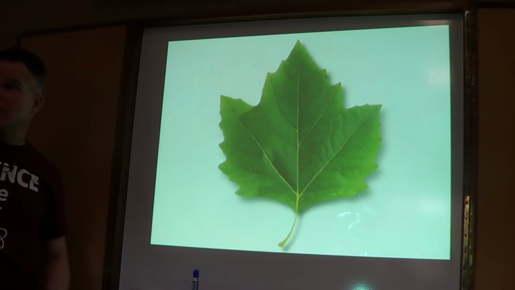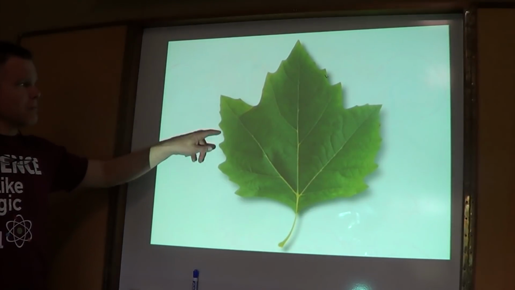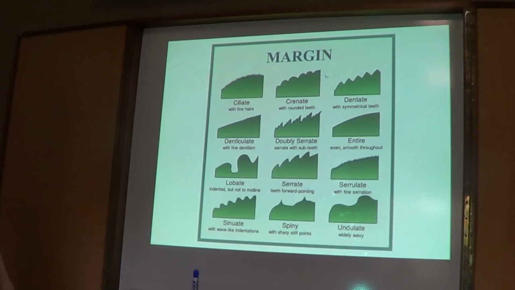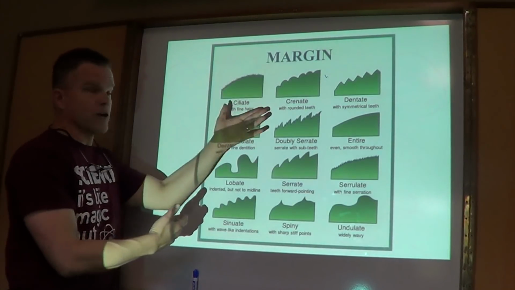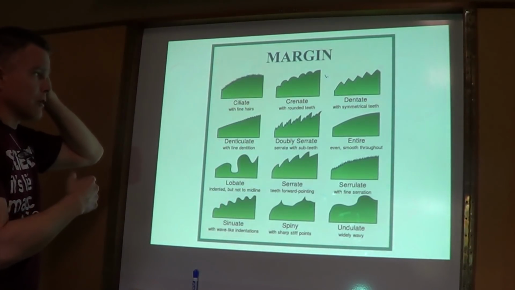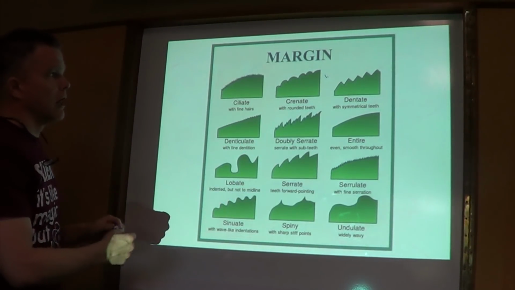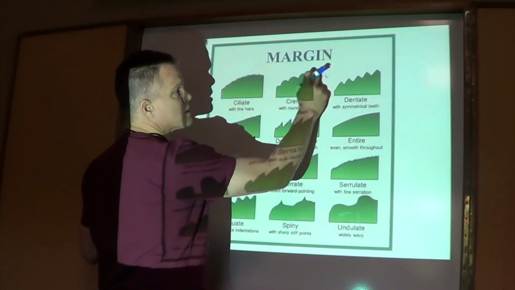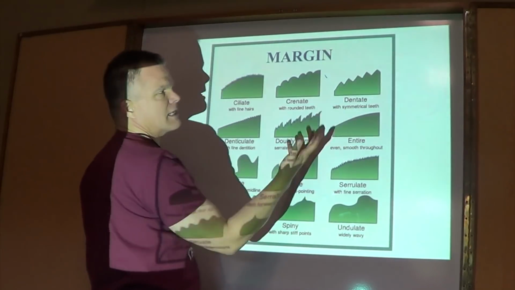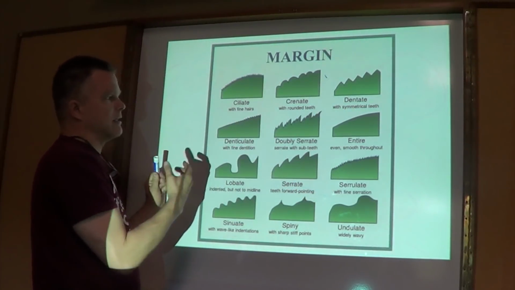Another place that botanists really look and focus hard is the edge, the margin of the leaf. And they have come up with lots of different terms for those margins. You can memorize these if you want to. Like, there are bumps along the edge, that would be crenulate, and if they're like little tents, then that's dentate, like teeth, right?